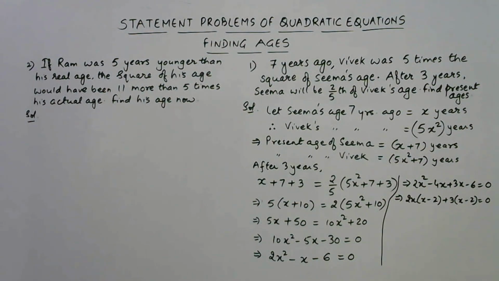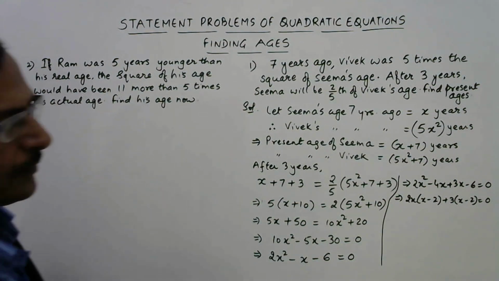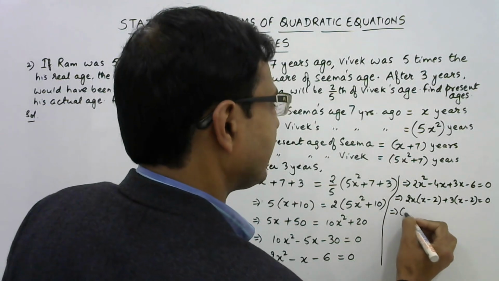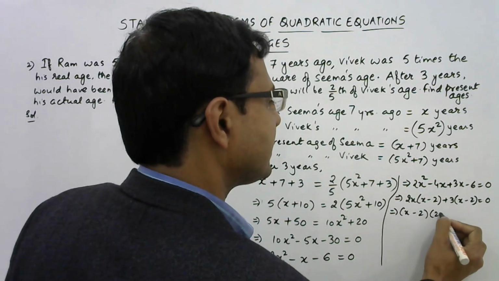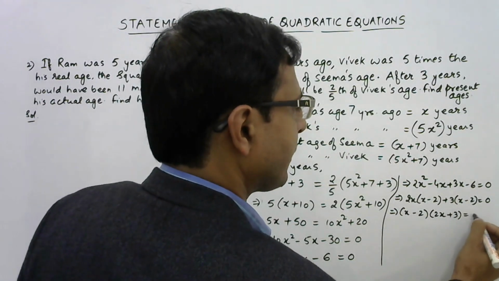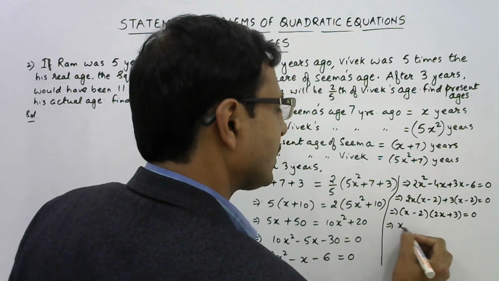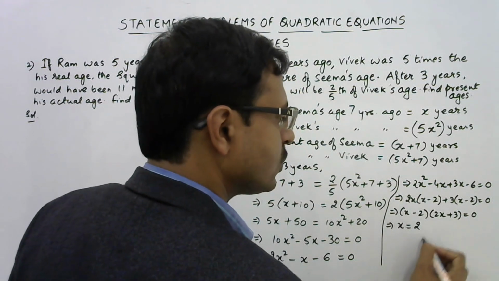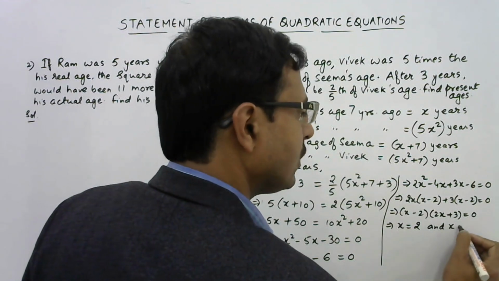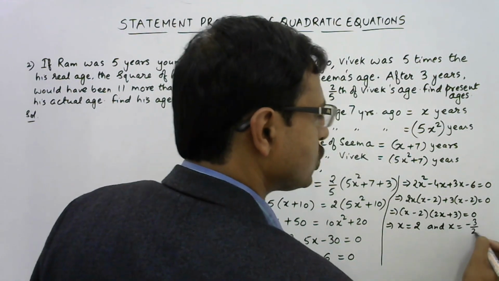And here we have the two factors. x minus 2 is one of the factors and 2x plus 3 is the other factor. Thereby giving you x equal to 2 and x equal to minus 3 by 2.